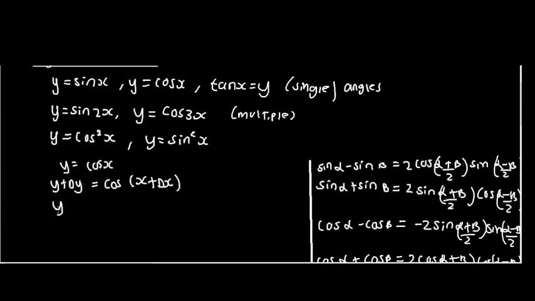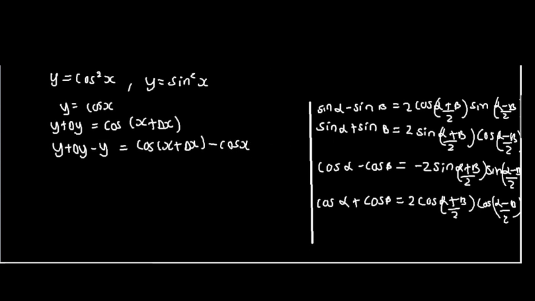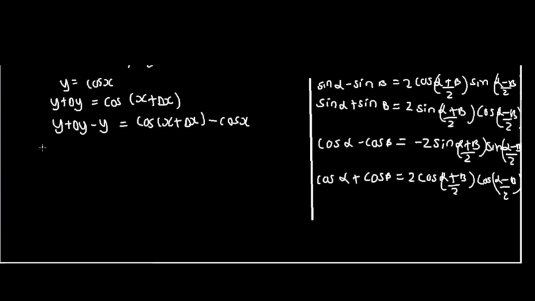So we shall have y plus change in y minus y equal to cos of x plus change in x minus cos x. After subtracting the two equations, we can simplify this to get change in y equal to cos of x plus change in x minus cos x.